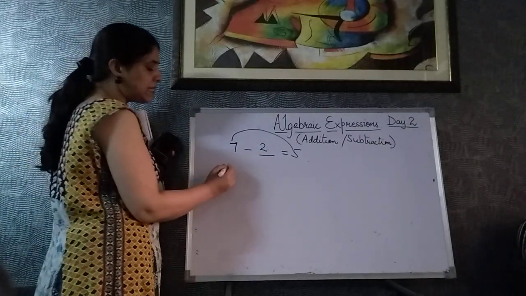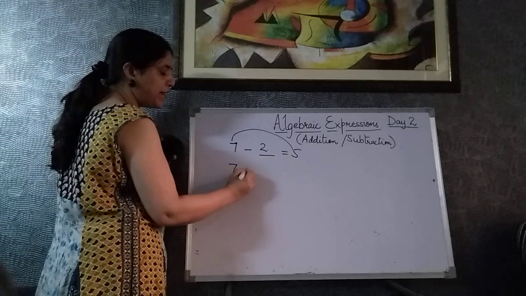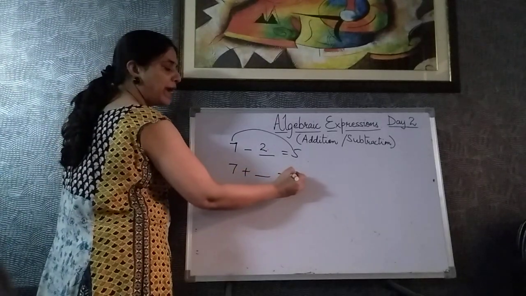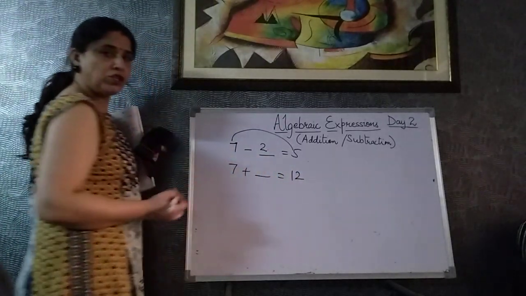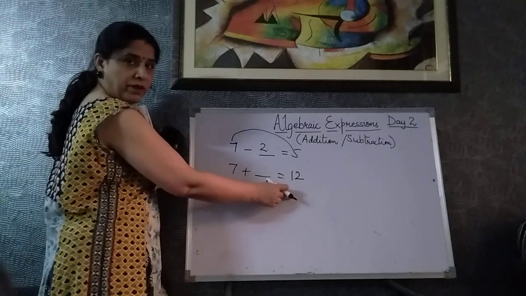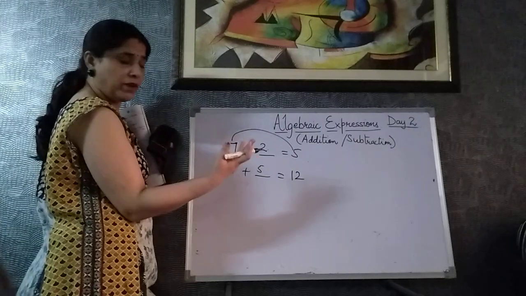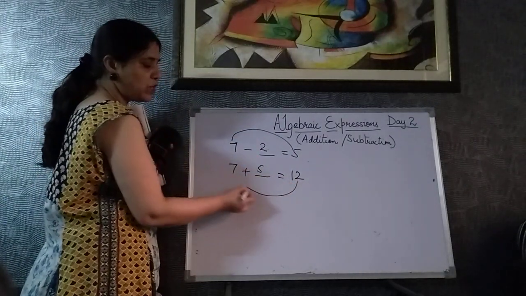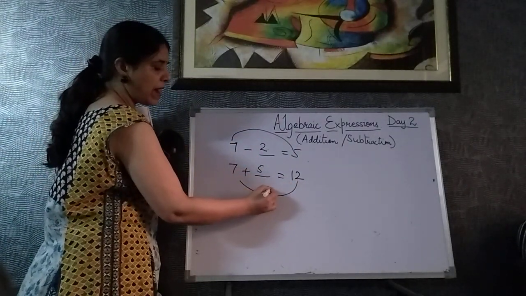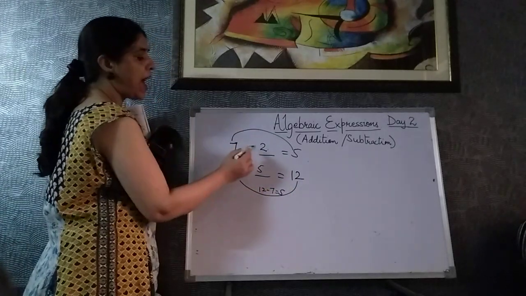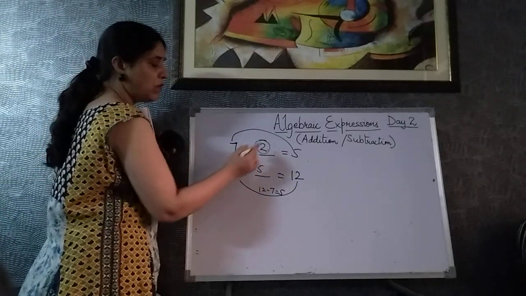And in the same way, if I say what should be added to this to get 12? What should be added to 7 to get 12? You will say straight away, 5. But how did you get this 5? You are subtracting: 12 minus 7 is 5. And when we have to get this, what are we doing?